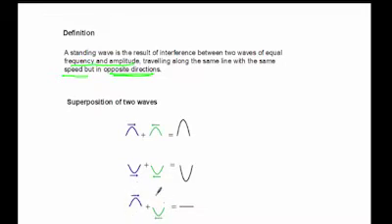Here, as you see, they are in anti-phase. The resultant displacement at that point will be 0 if both have the same amplitude.